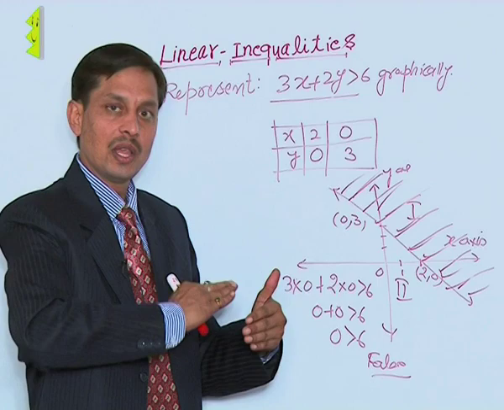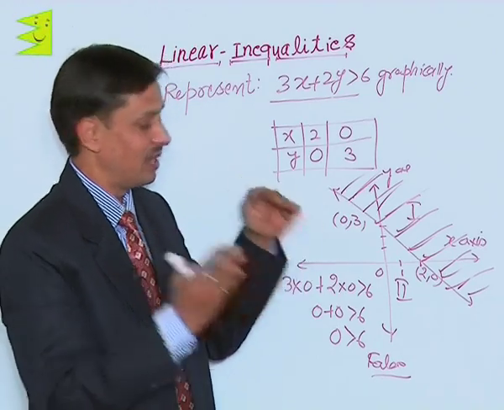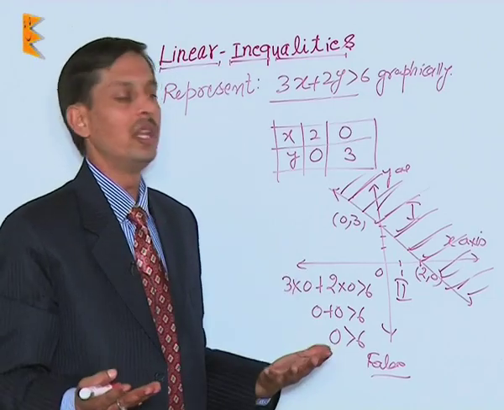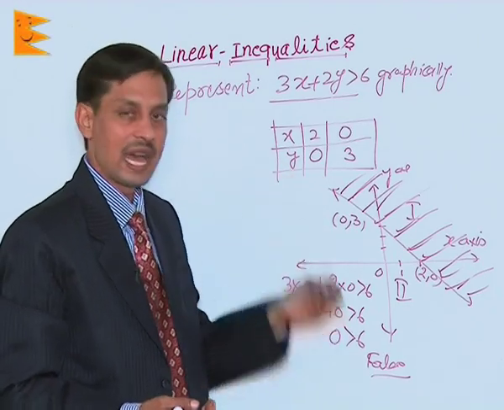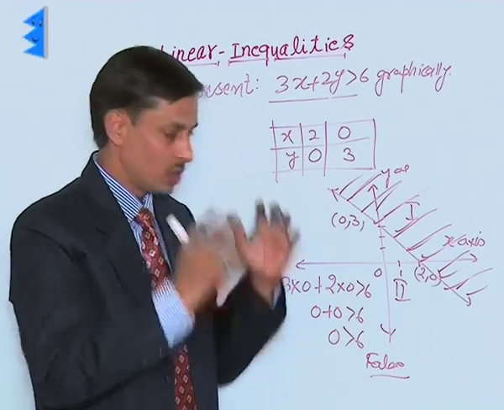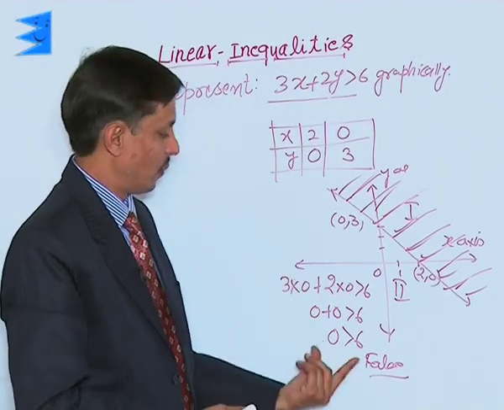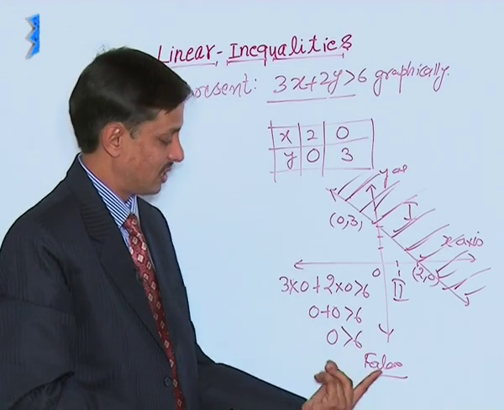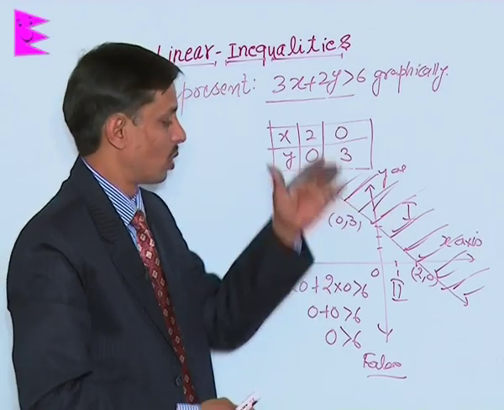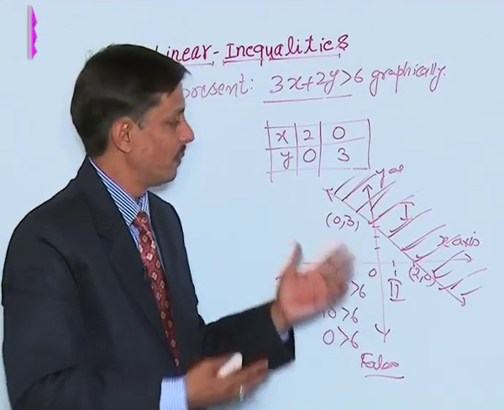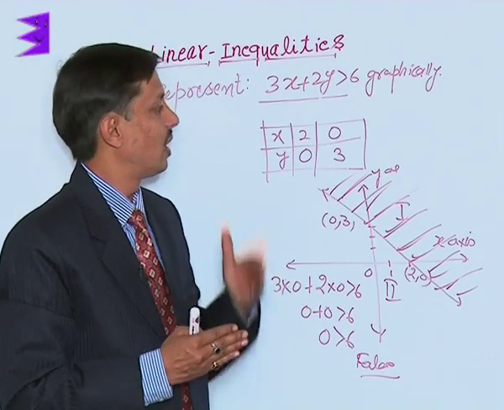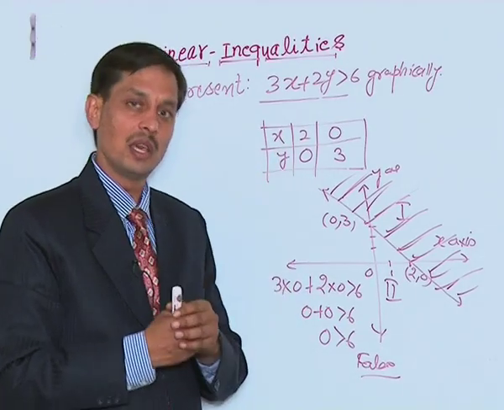Then we have to see which half of the plane is in its solution set. To obtain that, we simply check whether (0, 0) is in its solution set or not. If it is true, then yes. As it is coming false, the solution set is on the side opposite to the origin. So this is the way of representing linear inequalities graphically.